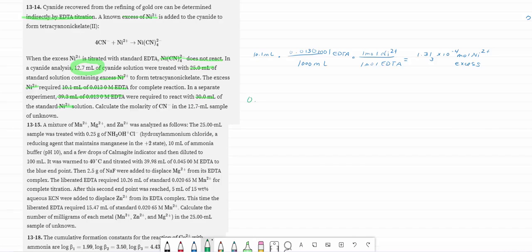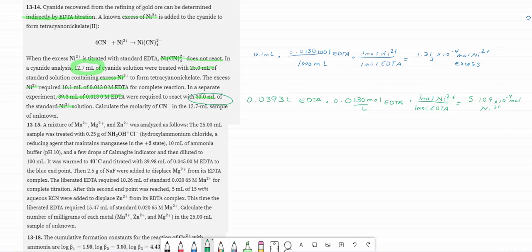So we have 0.0393 liters of EDTA, and that EDTA has a concentration of 0.0130 moles per liter. 1 mole of EDTA reacts with 1 mole of nickel, and we had 30 milliliters of it. So this will give me the moles, and I get 5.109 times 10 to the negative 4 moles of nickel in this standard titration.